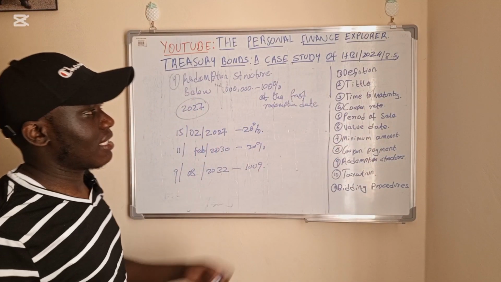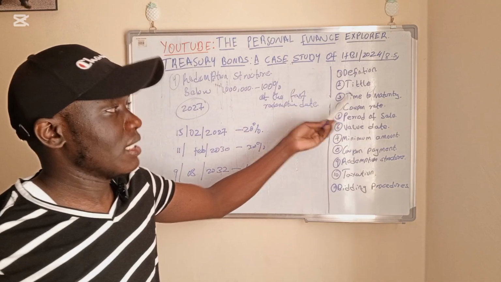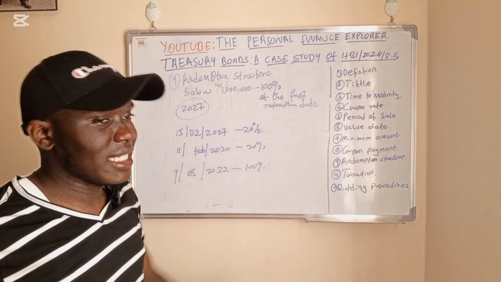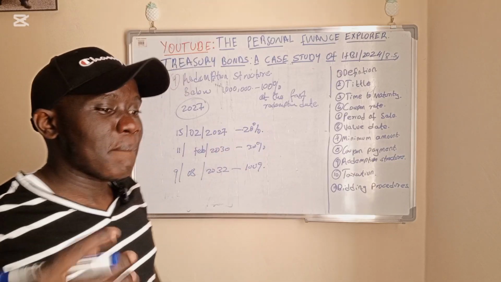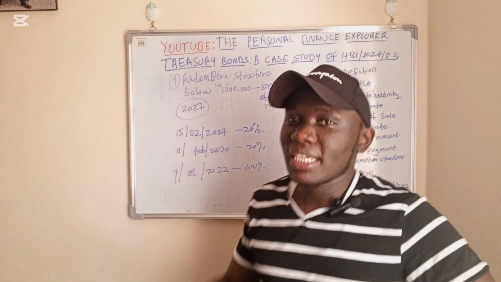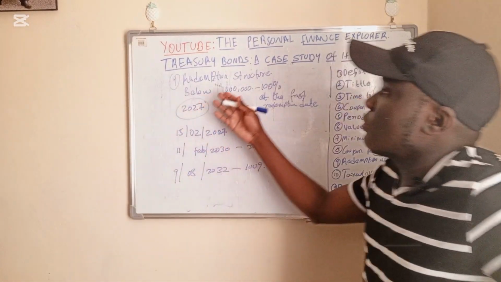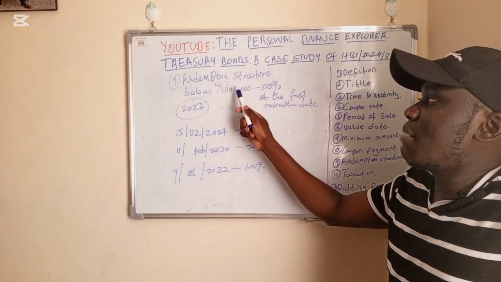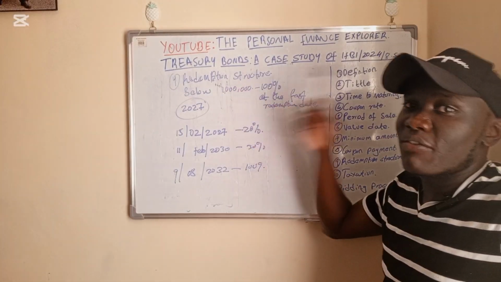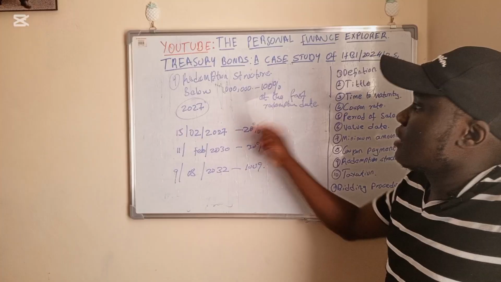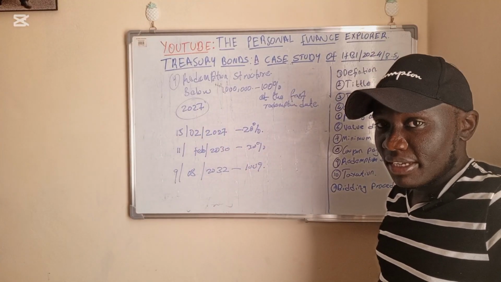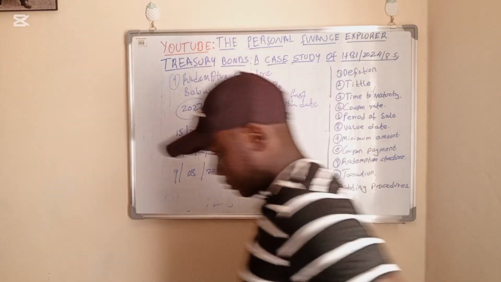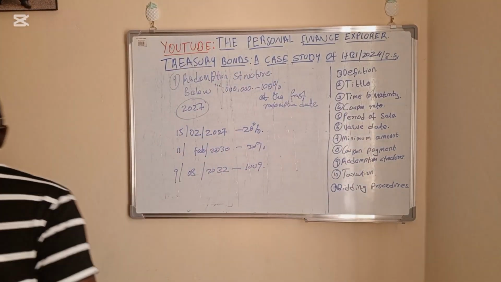That is why I said that sometimes time to maturity will not always indicate the time that your money will be with the government, based on the amount that you had invested. So for someone who invested less than 1 million in this bond, it is a 3-year bond, because they will get their money back in 2027, meaning they stop receiving interest.